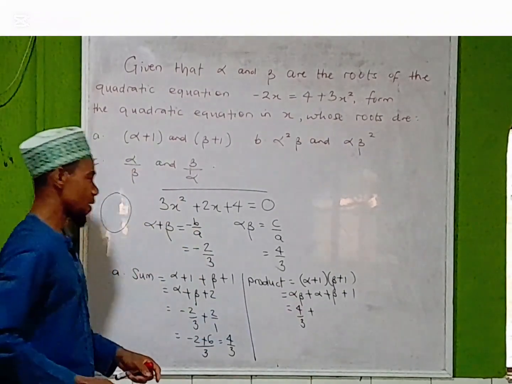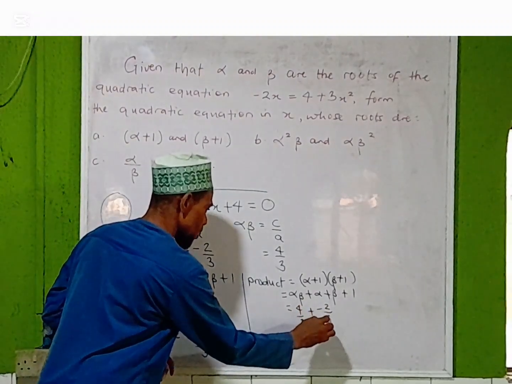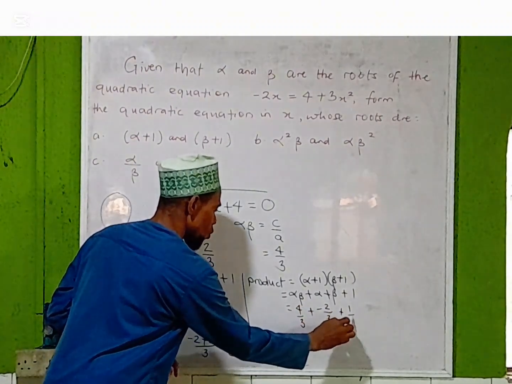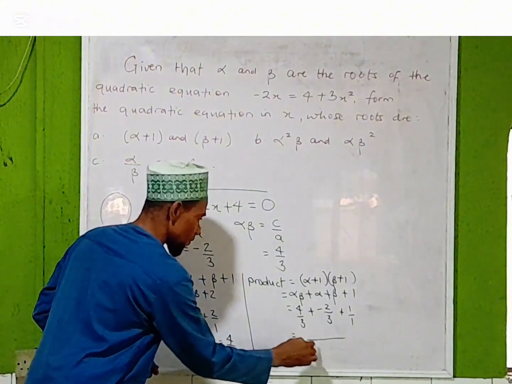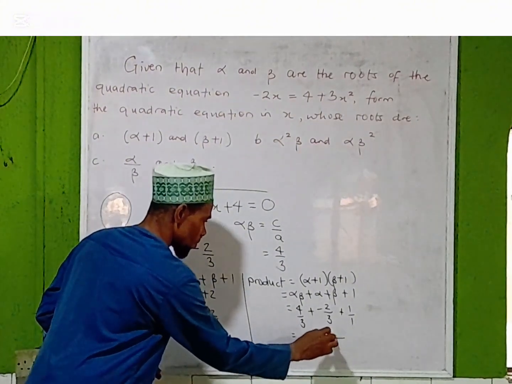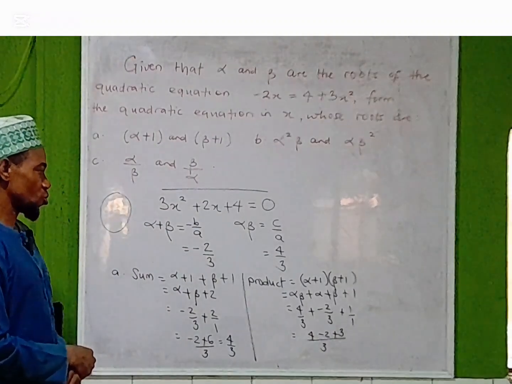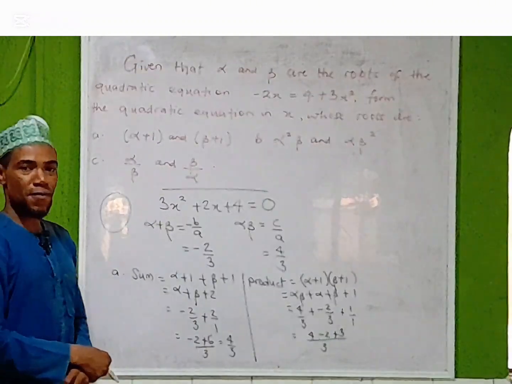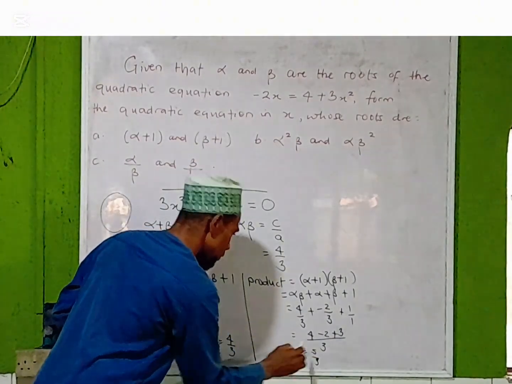Then plus alpha plus beta is minus 2 over 3. So you have minus 2 over 3 and plus 1 over 1 being a fraction. So simplifying, I simply have the LCM as 3. That will be 4 minus 2 and plus 3. So 4 minus 2 is 2 and plus 3 is 5 over 3. So you have 5 over 3.